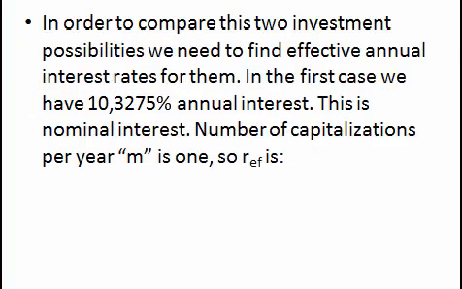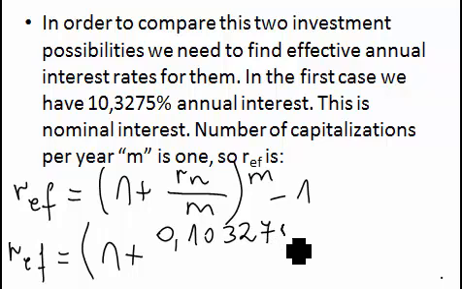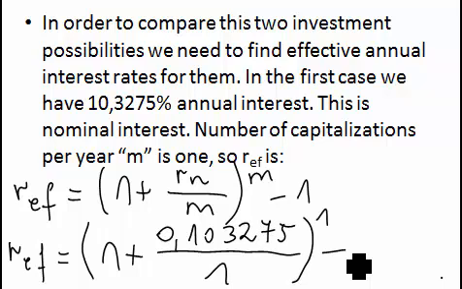In order to compare these two investment possibilities, we need to find effective annual interest rates for them. In the first case, we have 10.3275% annual interest. This is nominal interest. Number of capitalizations per year M is 1, so our effective interest rate is 1 plus nominal interest rate divided by number of capitalizations, raised to the number of capitalizations, minus 1.